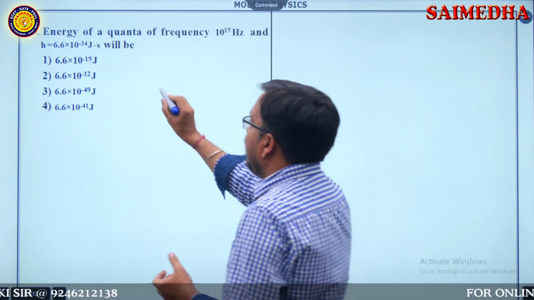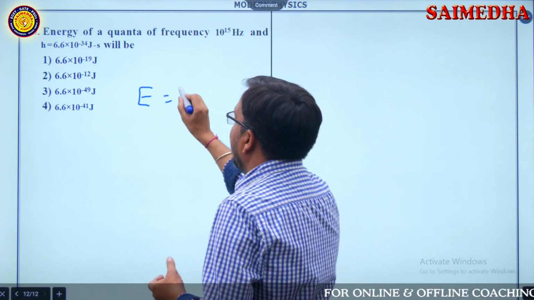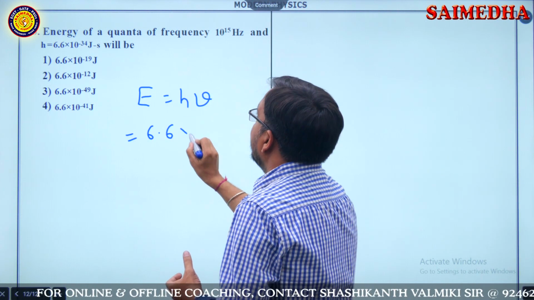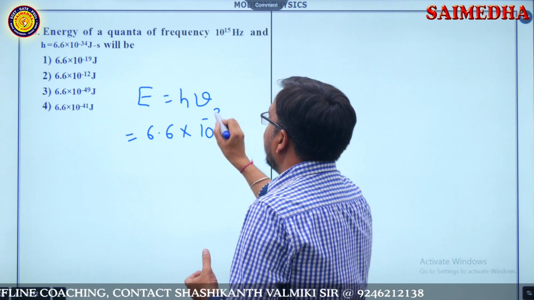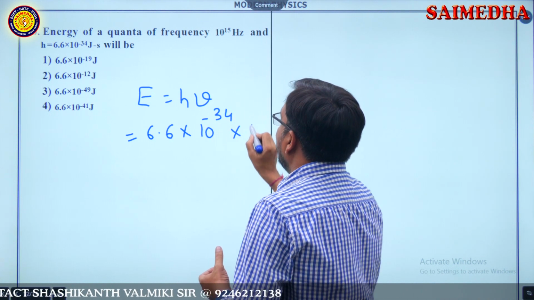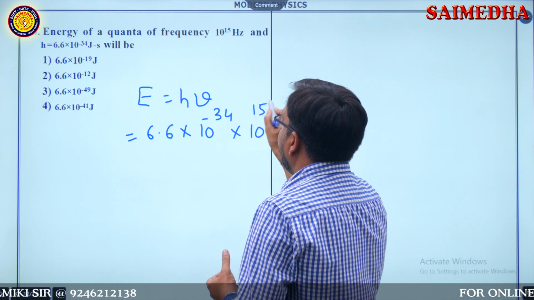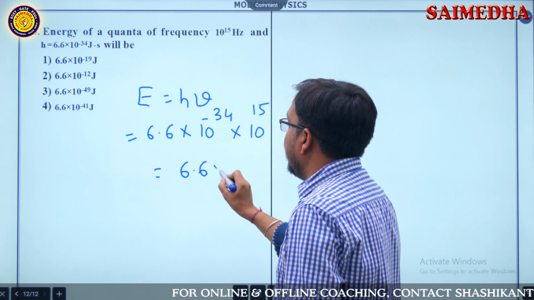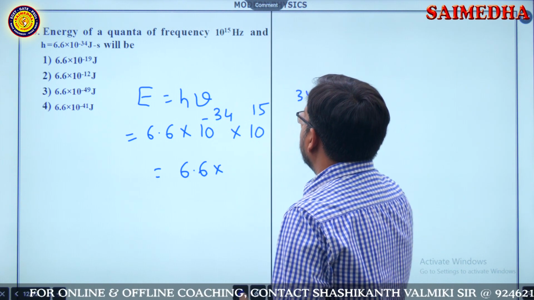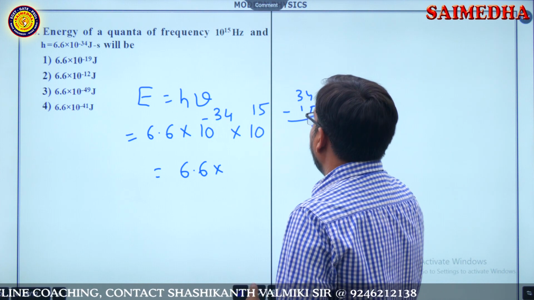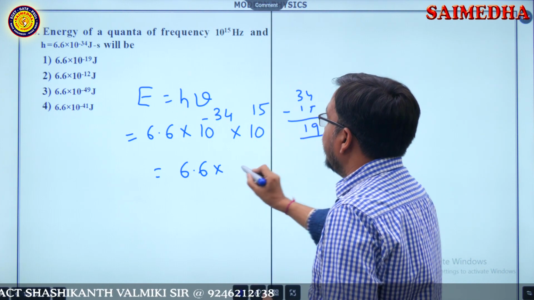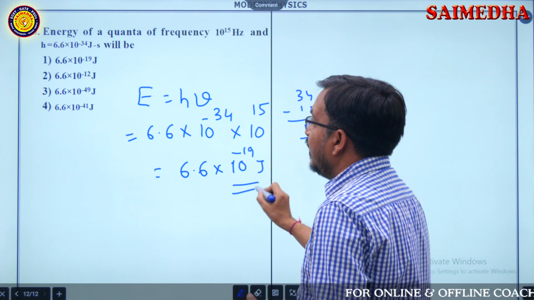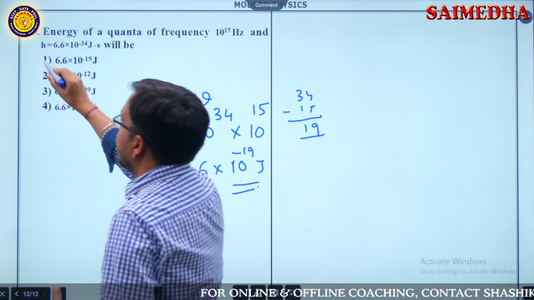Energy E equals h nu, that is 6.6 into 10 power minus 34, Planck's constant, times the frequency 10 power 15. Therefore the answer is 6.6 into 10 power minus 34 plus 15, that is minus 19, so 6.6 into 10 power minus 19 joules. Option 1 is correct.